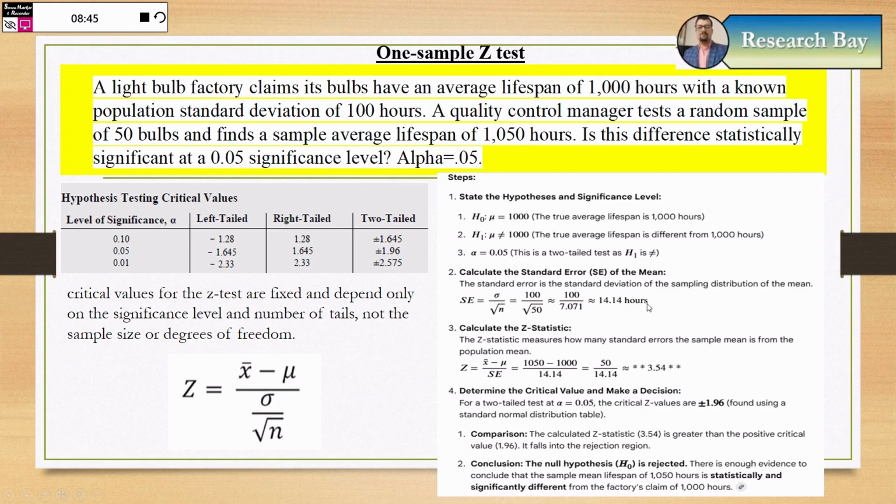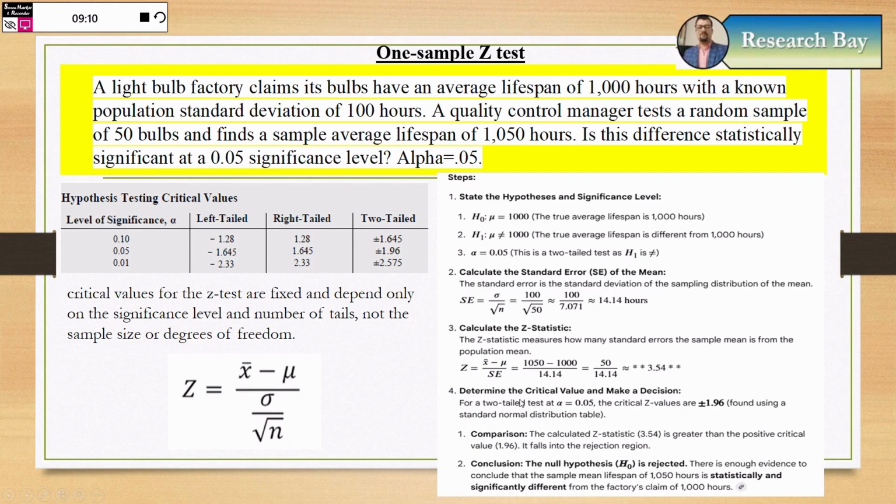You get 14.14 hours. Now, next step is calculating the z statistic using this formula. You just plug in the values. Sample mean 1050, population mean 1000, and standard error of mean which we have calculated as 14.14. We arrive at a figure of 3.54.